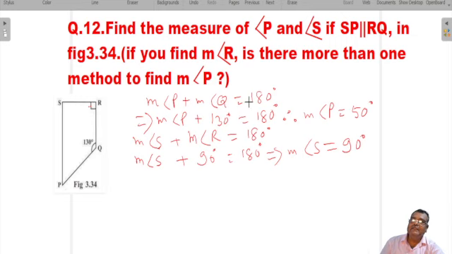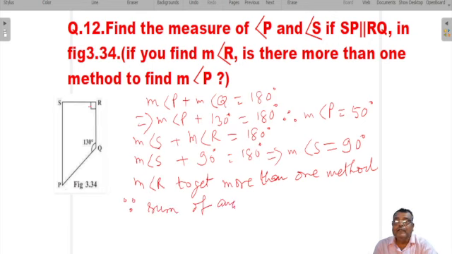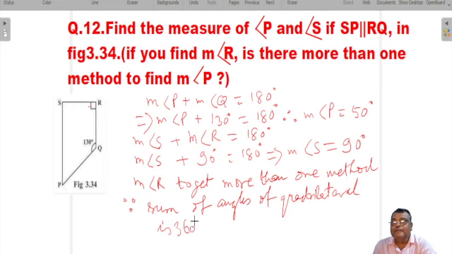Is there more than one method to get measure of angle R? Yes, more than one method is possible, because the sum of angles of a quadrilateral is 360 degree.